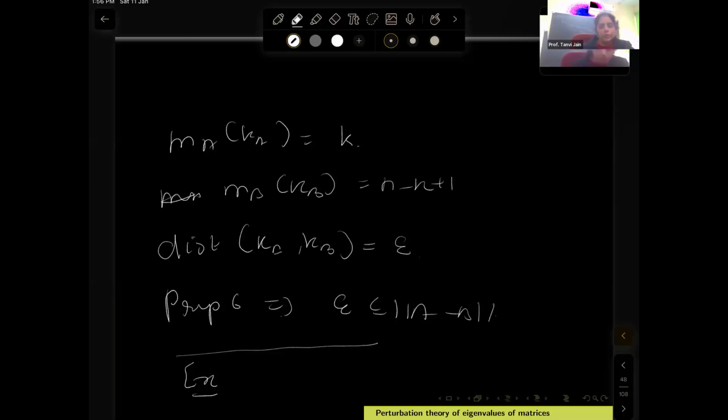So we take lambda to be any subset of eigenvalues of A, and lambda basically is the multiset here.